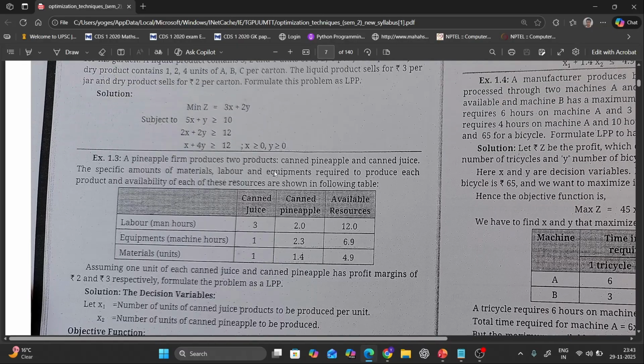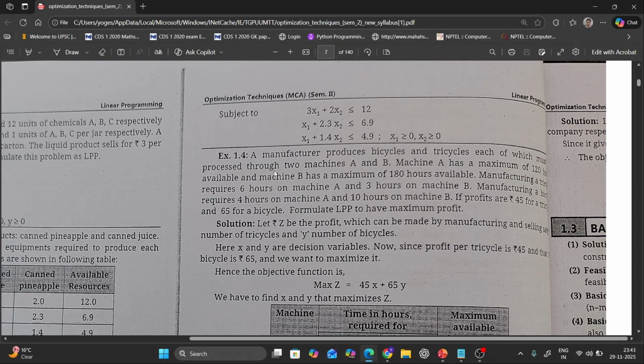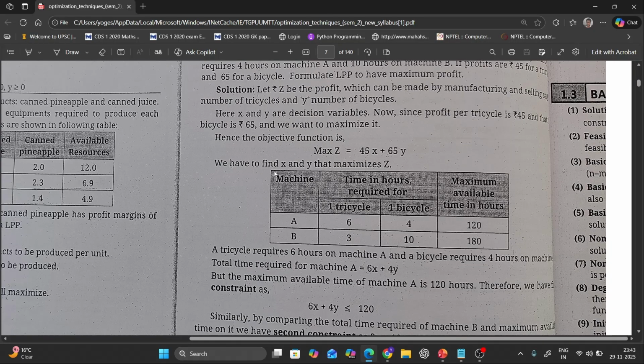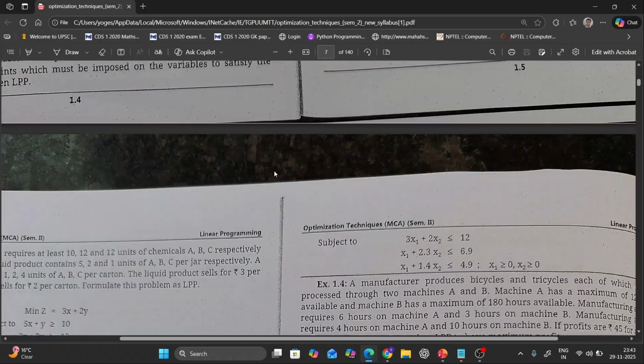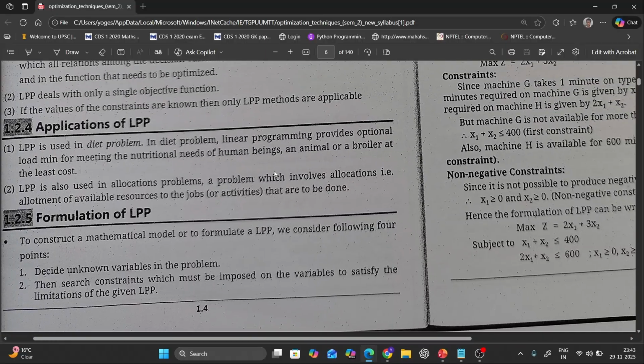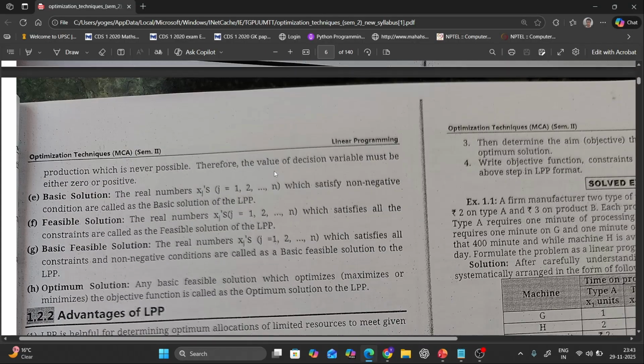You are going to get the question either in the form of a table or in the form of a paragraph, and after that you have to convert that table or paragraph into an LPP, and then you have to solve. Either you have to solve by the two-phase method, simplex method, or many other things.